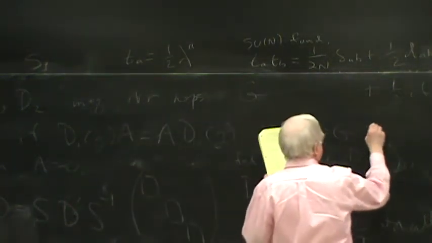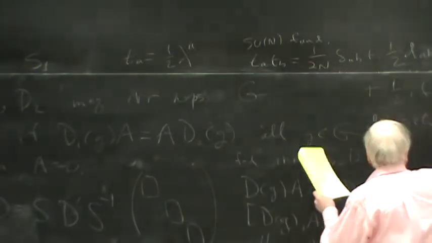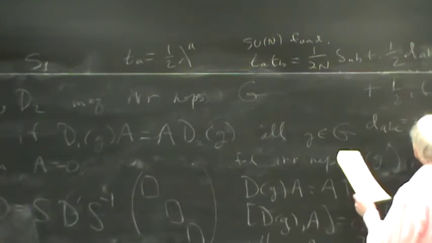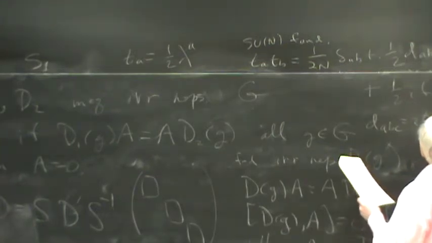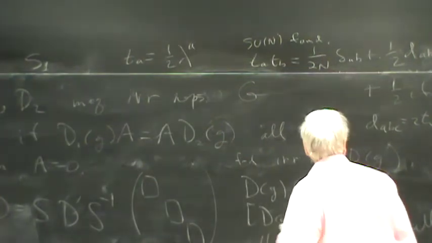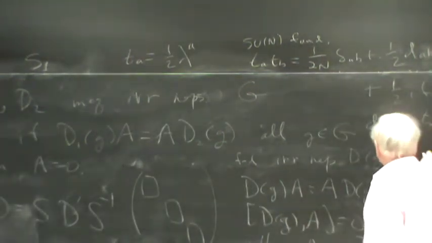You can write d^ABC the following way: twice the trace of T^A with the anti-commutator of T^B with T^C. And so this is obviously totally symmetric. SU(2) is somewhat simpler. It has d equals 0. And that's just the rule.